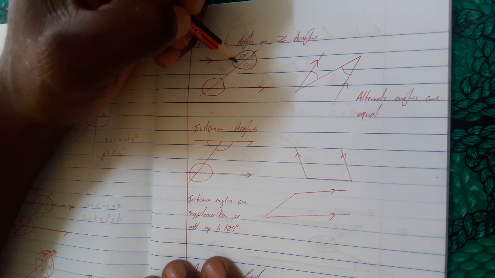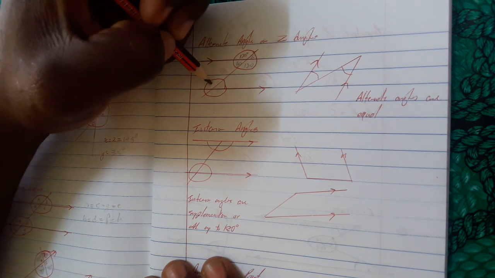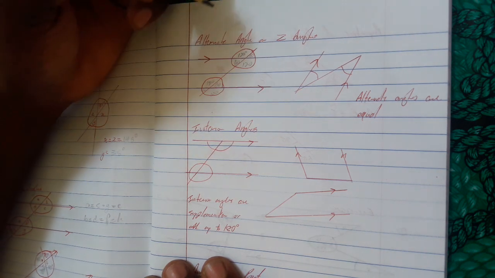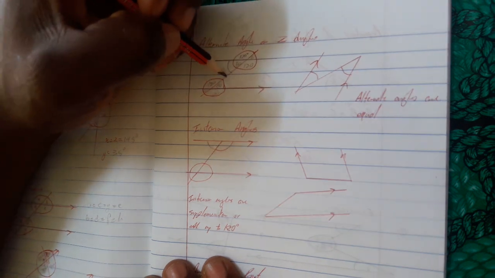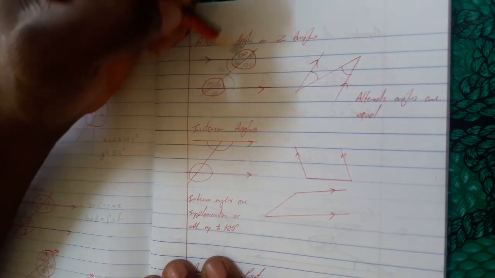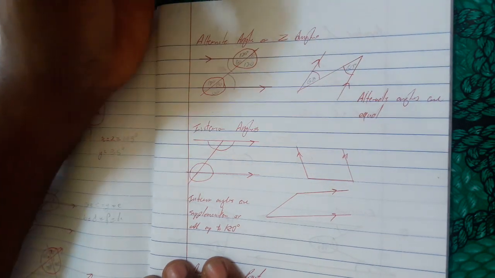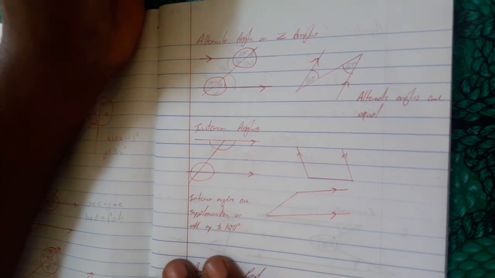Here will be 120, and here will be 60. Same thing at the bottom here, 120, 60, 120, 60. If you look carefully, the angle in here and the angle there are the same. So if here was 60, there had to have been 60 because alternate angles are equal.